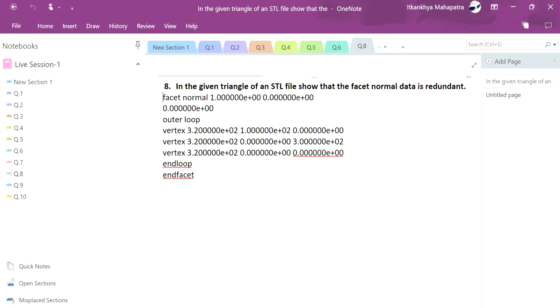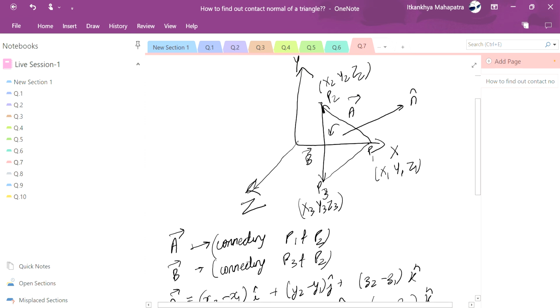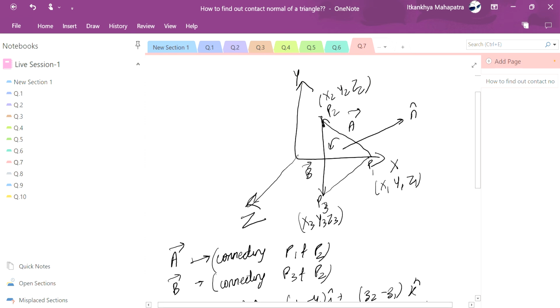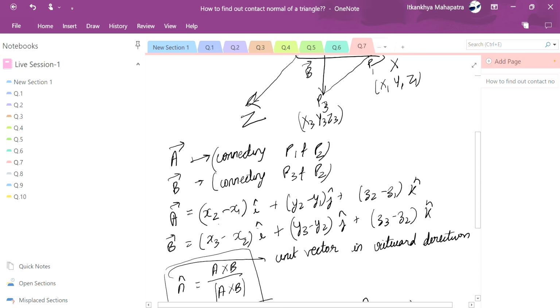Yes, direction is very important for taking the points, because according to that, A vector, like the previous question, connects P1 and P2. Again, B vector connects P2 and P3. So whenever you are solving numericals, the directions are very important, as they represent i cap, j cap, k cap, and we are also finding the cross product.